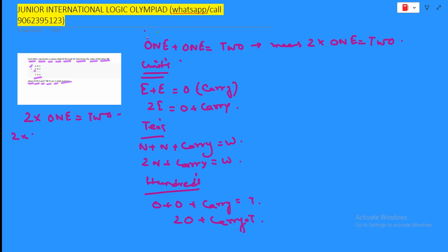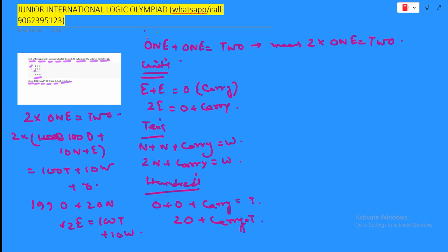Now expand: 2 into 1000 T... 100 into O, plus 10N plus E, that will be equal to 100T plus 10W plus O. Now after simplifying, we get 199O plus 20N plus 2E equal to 100T plus 10W, right? Now the left side depends on O and the right side is a multiple of 10, so the left side must also be even.